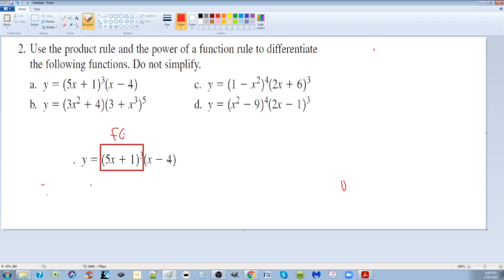We're going to call this f of x. We're going to call this g of x. So g of x is equal to this, and g prime of x is equal to 1. So g prime of x isn't a big deal. But f of x is this.